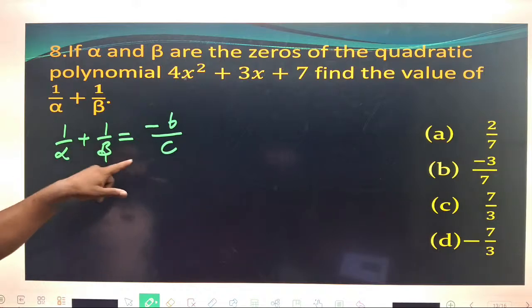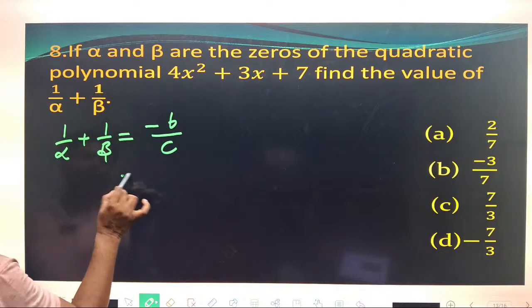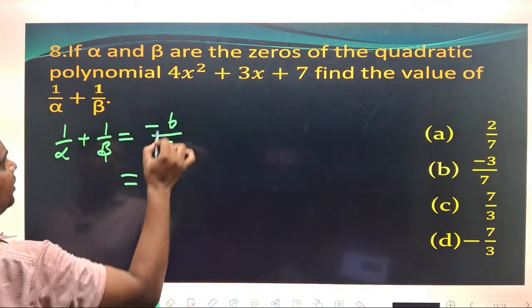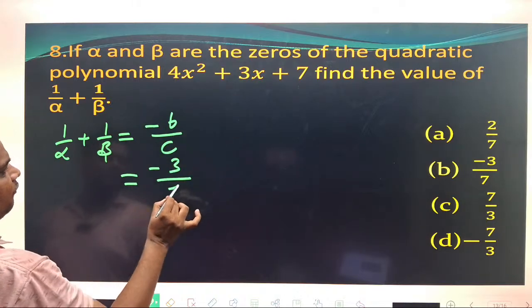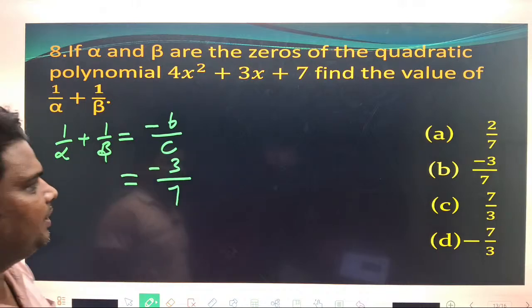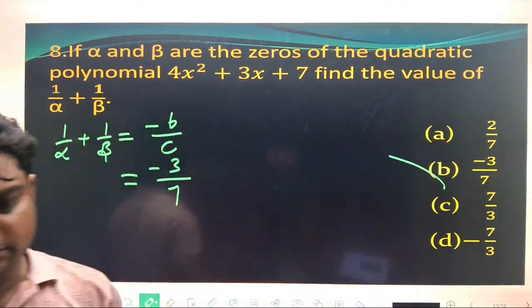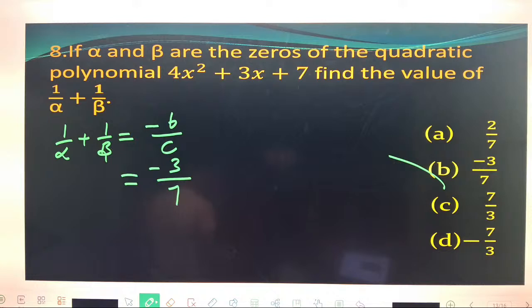Everyone, learn this relation. So minus b by c is minus 3 by 7. B is the correct answer.